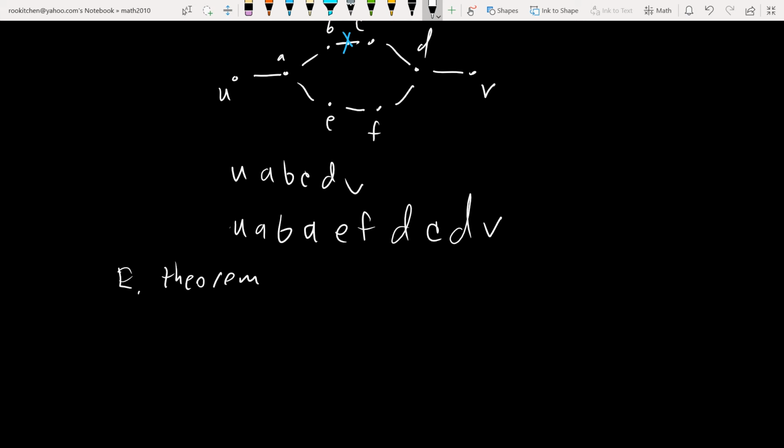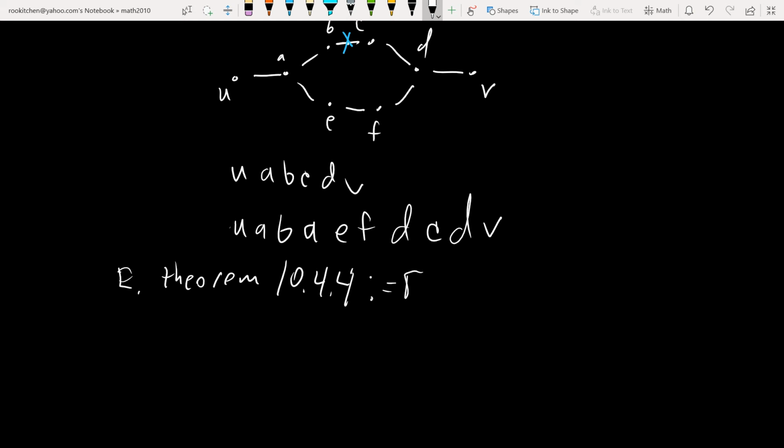Theorem 10.4.4 then says for any positive integer n, if G is a connected graph with n vertices and n minus 1 edges, then G has to be a tree. This goes along with the previous theorem on trees.